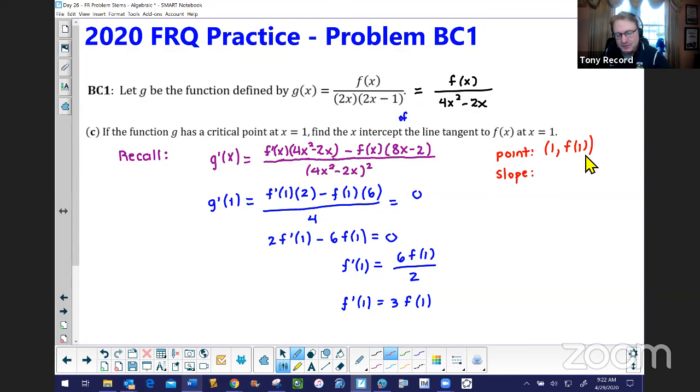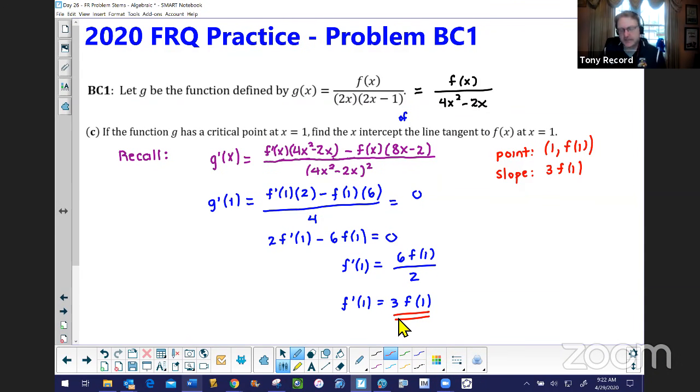The slope we've determined to be this symbolic value f prime of 1. I think we're going to be okay. Or I'm sorry, 3 times f of 1. Let me get the slope right. The slope is f prime of 1, but I want the value over here on the right side, right? This is really what I'd like to use for that specific slope.